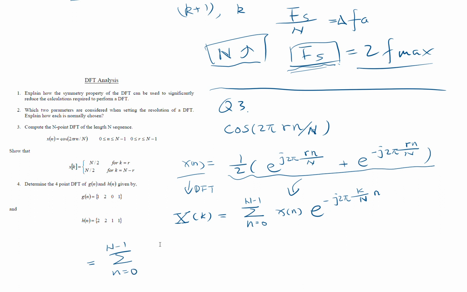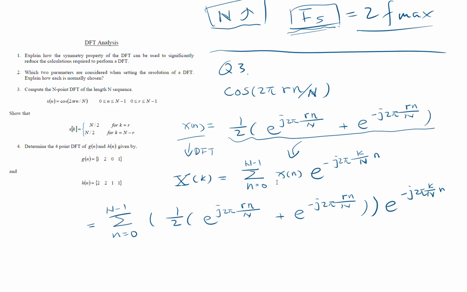Let me pause here and write everything down. What I did is just plug this big expression into this one. Then we can multiply half of this term with this one, and the other half of this term with this one as well.